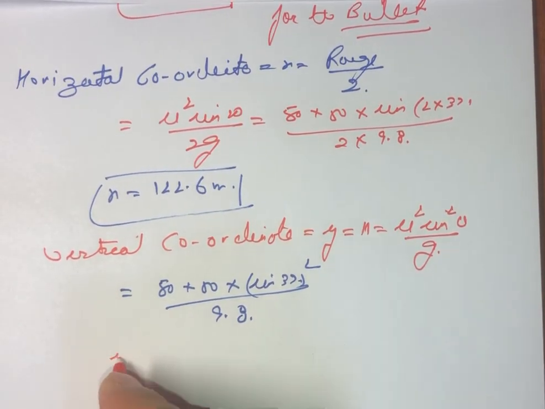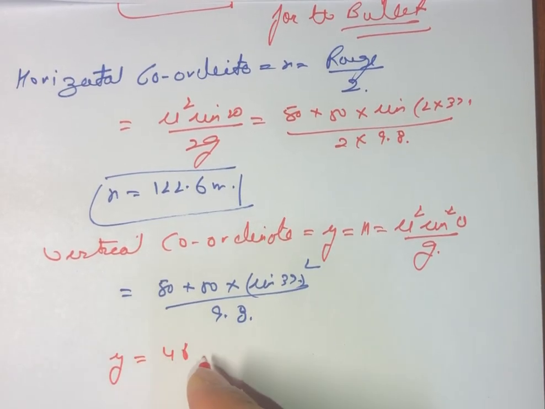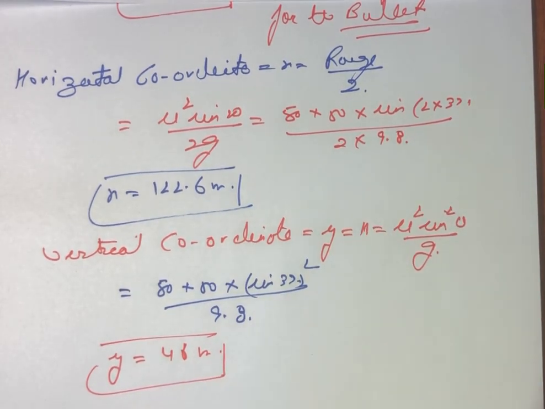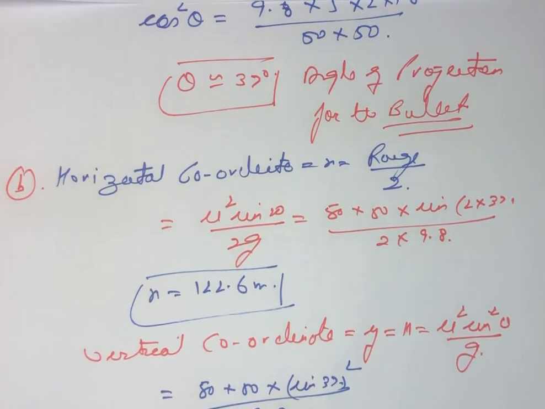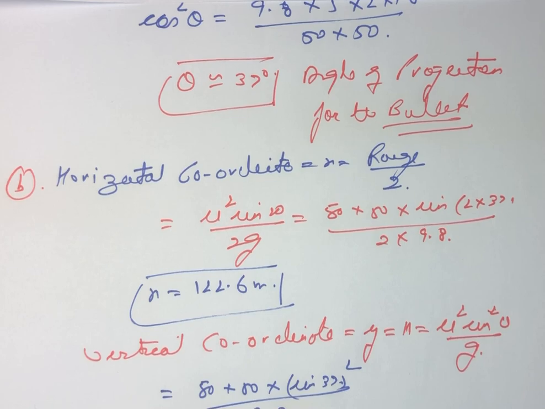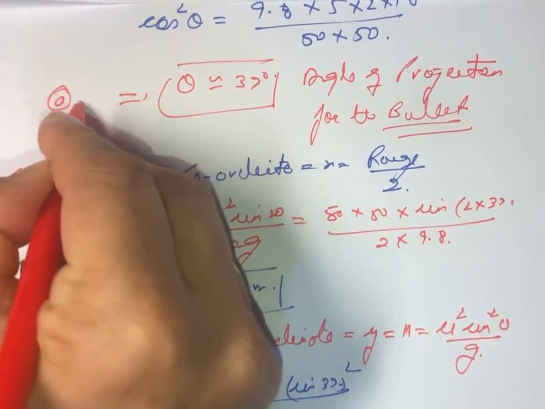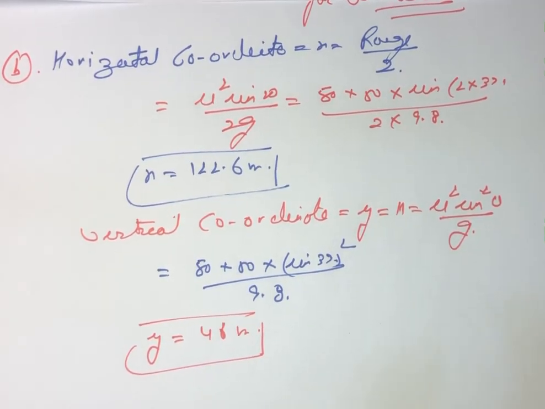Therefore we get y is equal to 46 meters. So these are the horizontal as well as vertical coordinates. So this is part B, and this is the answer for part A. So this completes the question. Thank you.